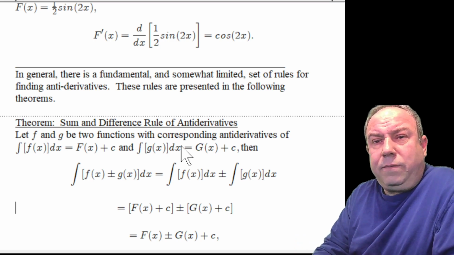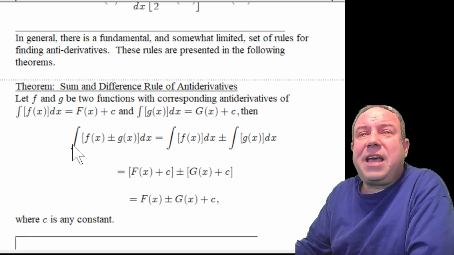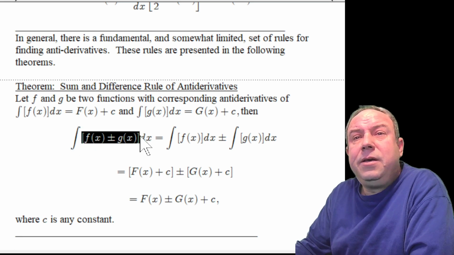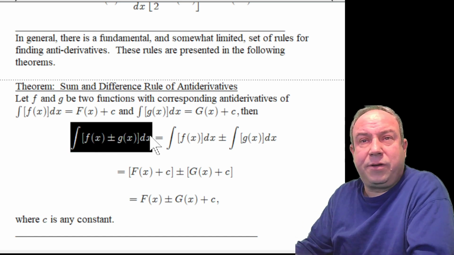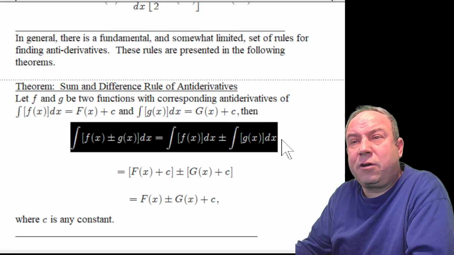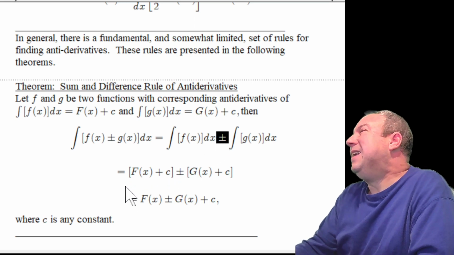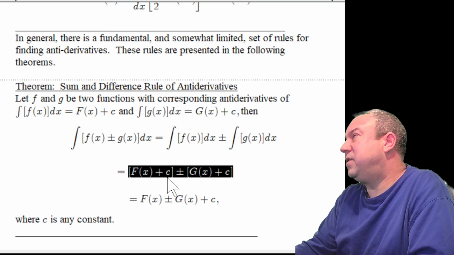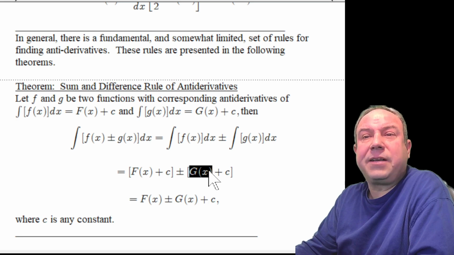The rule essentially tells us that if we take the sum or difference of two functions and apply the antiderivative operator to that argument, the antiderivative operator will distribute itself across that sum or difference, yielding the individual sum or difference of the antiderivatives of our functions f of x and g of x.